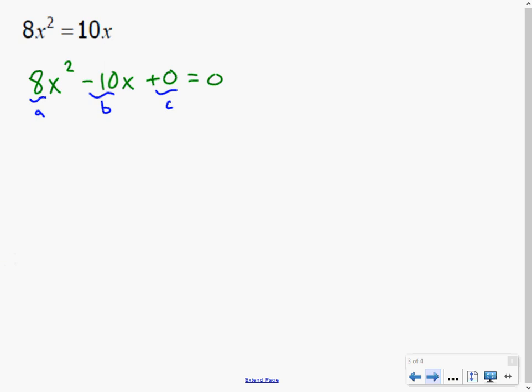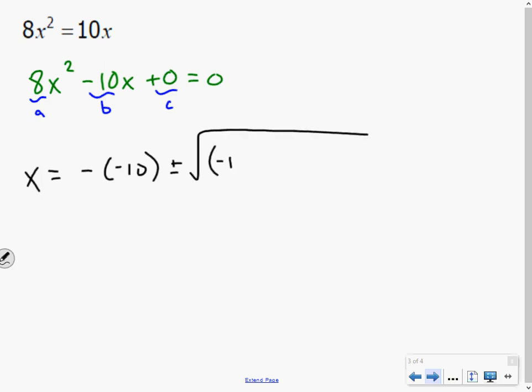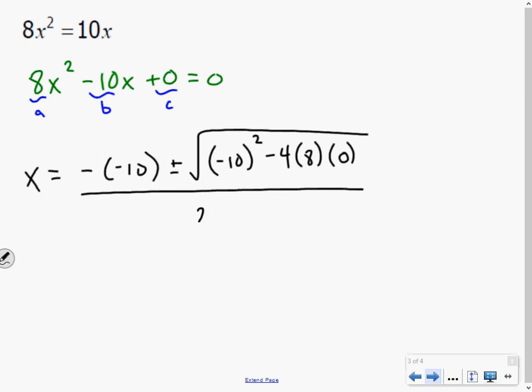So we're going to go ahead and plug that into our quadratic formula again. X equals -b plus or minus the square root of b squared minus 4 times a times c, all divided by 2 times a. So now we're going back through and we are simplifying.